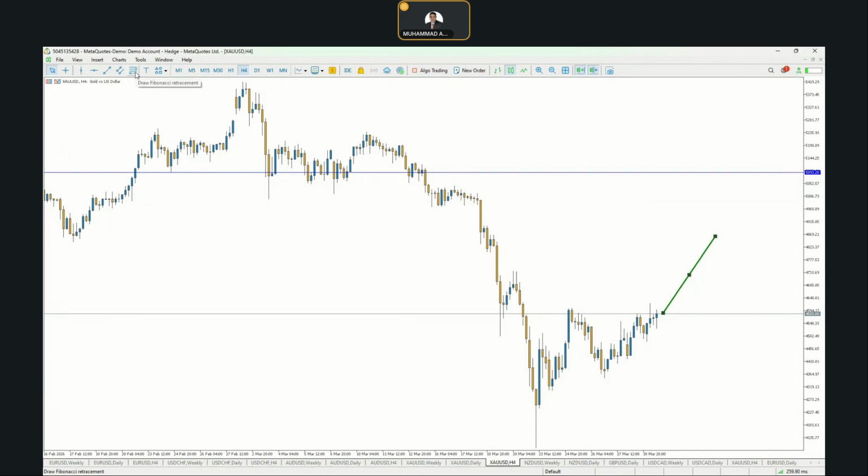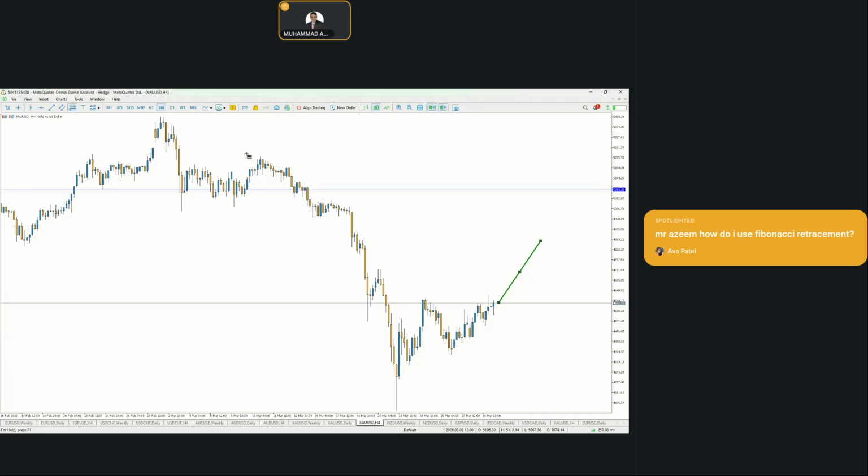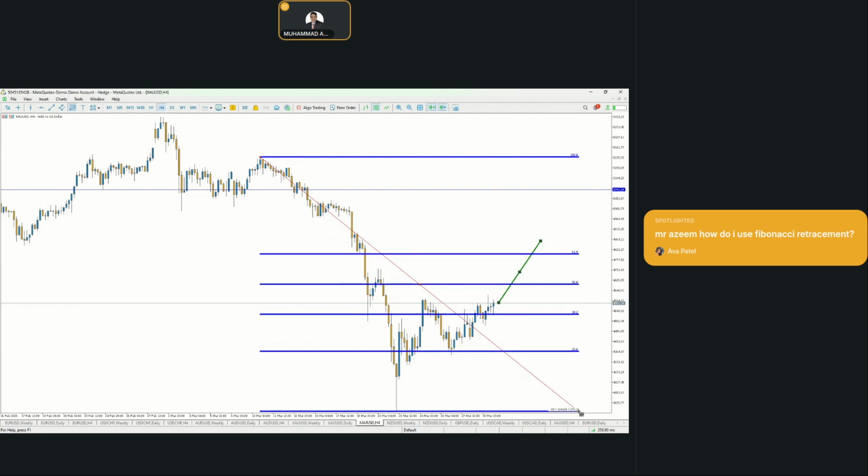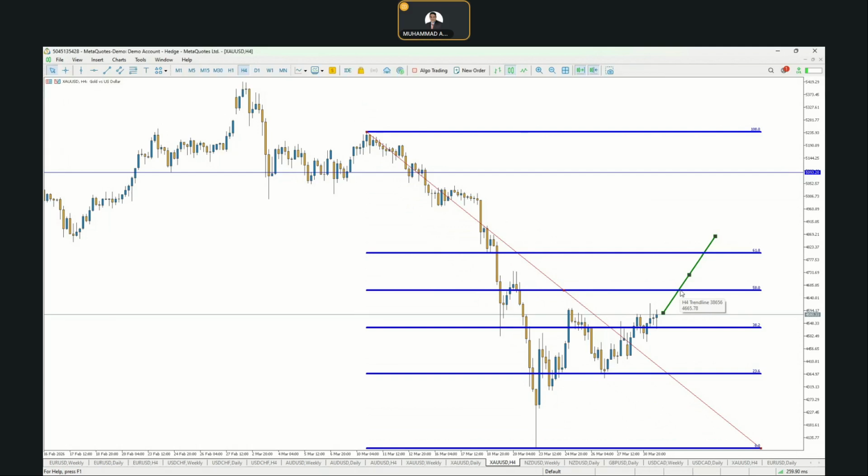Usually, if I go to a chart over here, this is what you can do. For example, in this case, we got a nice downtrend over here, and we can draw a Fibonacci retracement tool and try to wait for the market to test these fib levels like 0.618 or 50% fib levels, and market usually finds support or resistance around these areas.